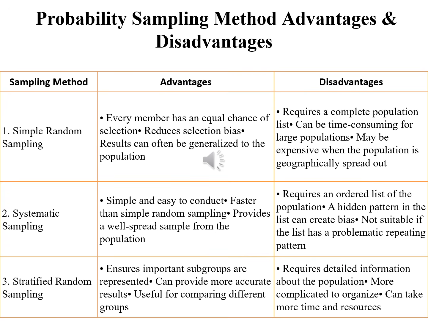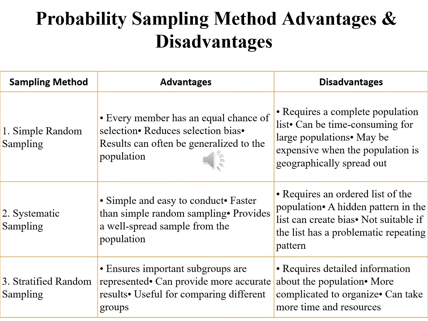What are the disadvantages? It needs a complete list of the population. If you have a complete list, it becomes easy, otherwise it becomes very difficult. Second, it can take more time when the population is very large. Third, it can be expensive if people are spread across different locations.